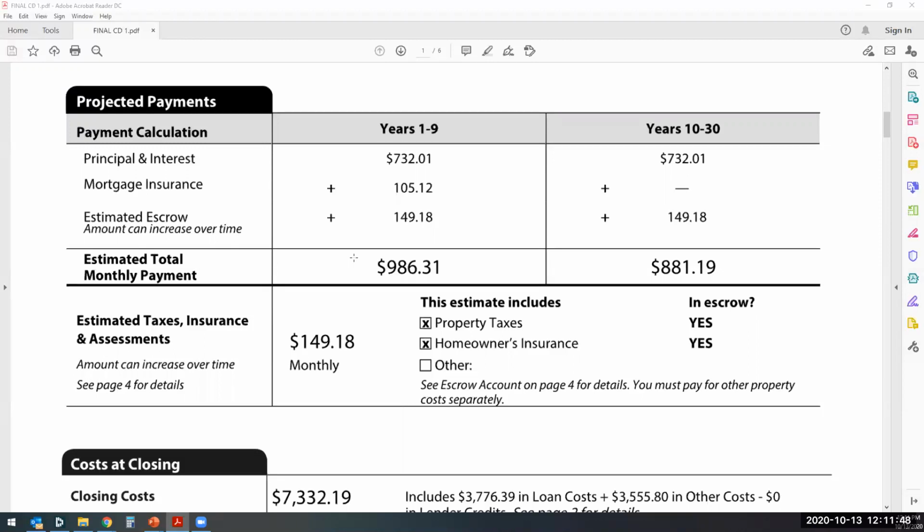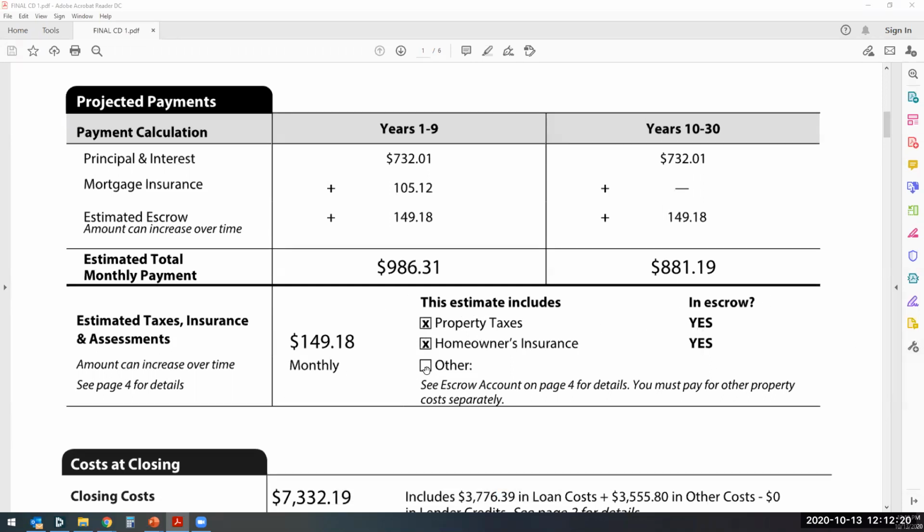But then any other, in this case nothing else is included, there are no HOAs. But if there are any HOAs, then that amount is going to be different from your escrows. So if you see on the top part where it says estimated monthly payment right here, I don't know if you can see my little pointer, the $149.18 is that same $149.18 right here because it's property taxes and insurance, which over here is included in the escrows.